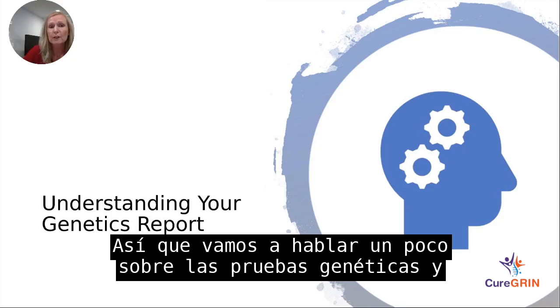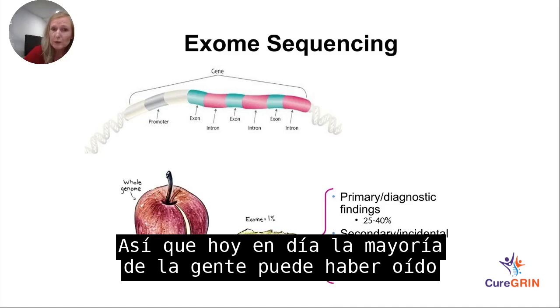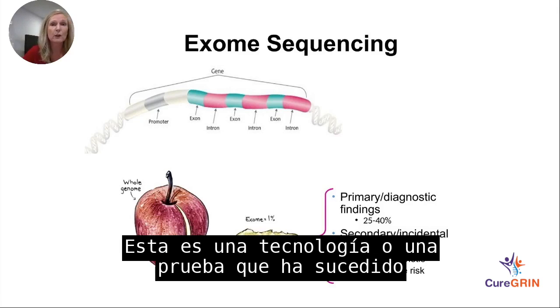So just skipping forward to talk a little bit about genetic testing and how we look for these variants in these genes. Nowadays, most people may have heard of exome sequencing. This is a technology or a test that's happened probably in the last 5 years.